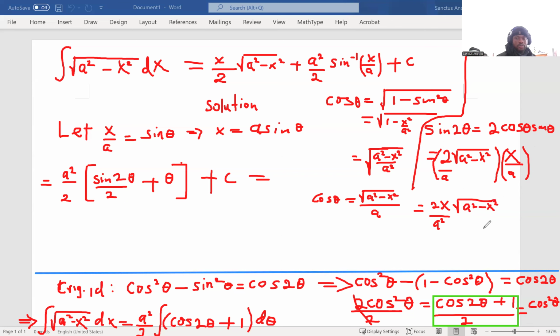Hope we're following. All right, so I'm now going to substitute this into this. But if I do that, I can open the bracket with this that I have outside. So I'll have a squared over 4.